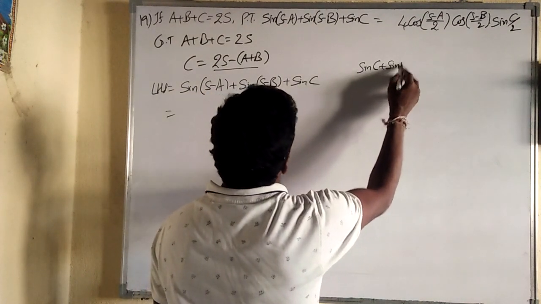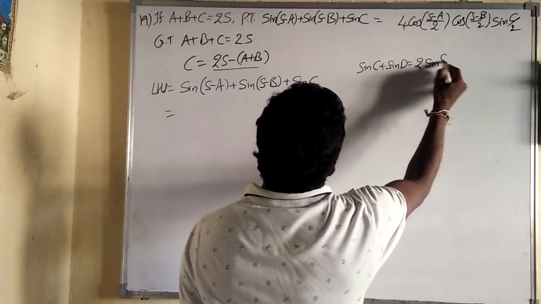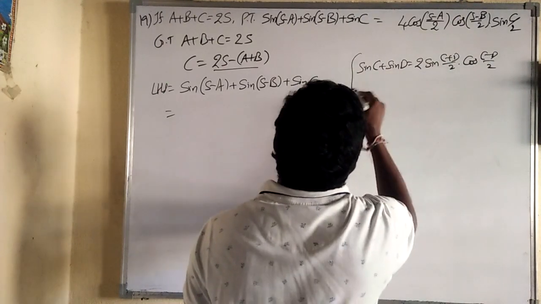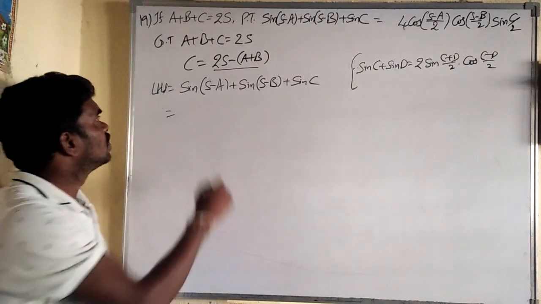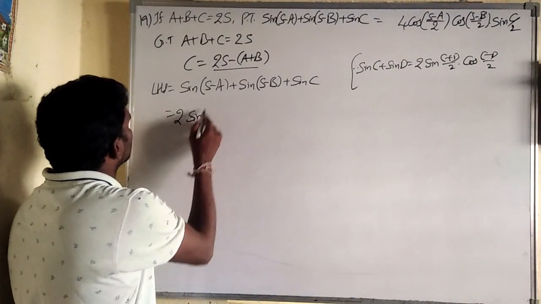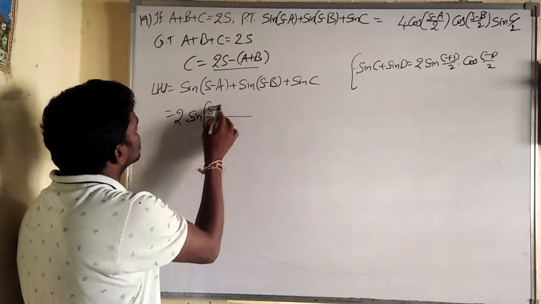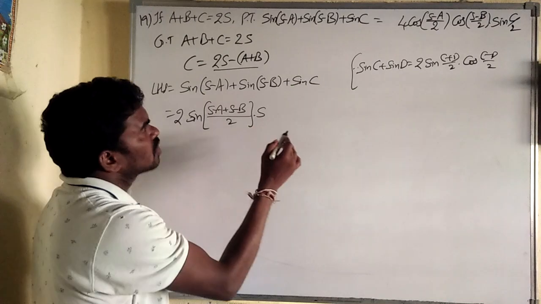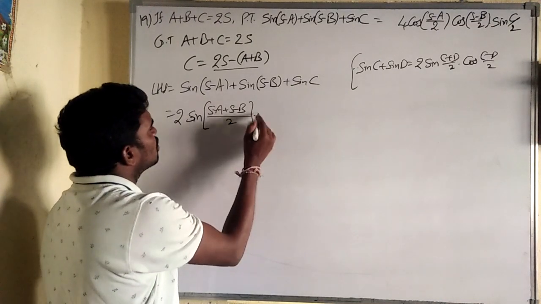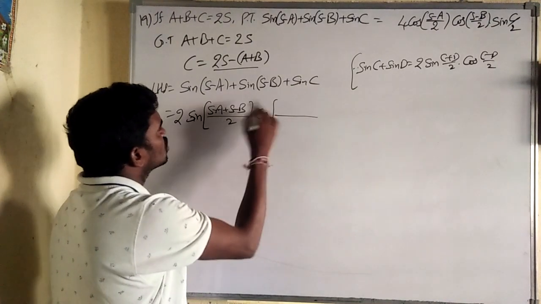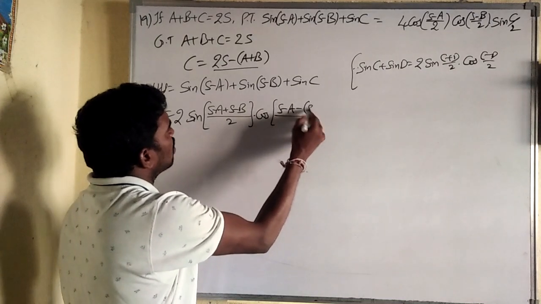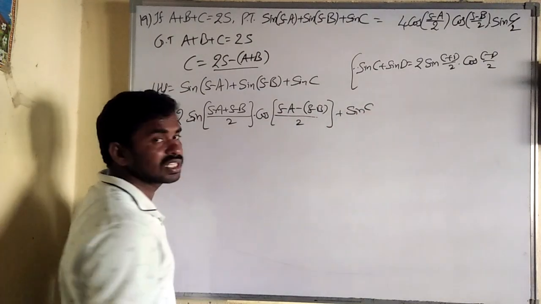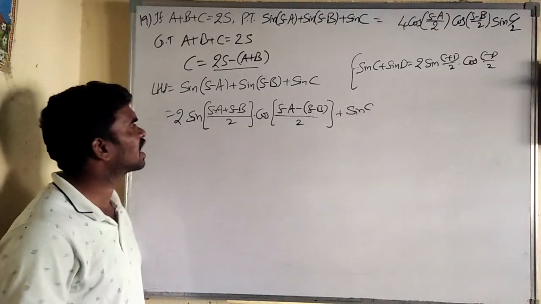Sin C plus sin D is equal to 2 sin (C plus D) by 2 into cos (C minus D) by 2. So 2 sin of ((s minus A) plus (s minus B)) by 2 into cos of ((s minus A) minus (s minus B)) by 2, plus sin C, keep it as it is.